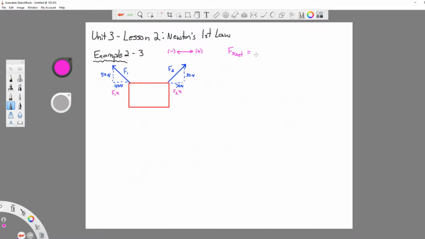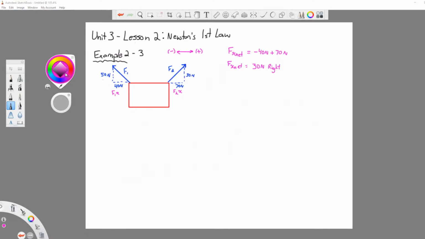Let's say force 1x is a negative value because it's moving to the left, so we're going to say negative 40 newtons plus 70 newtons. So Fx net is equal to 30 newtons. And that's going to be to the right. Let's keep that direction on there. I mean, just that it's positive is implying that it's to the right, but let's be explicit.